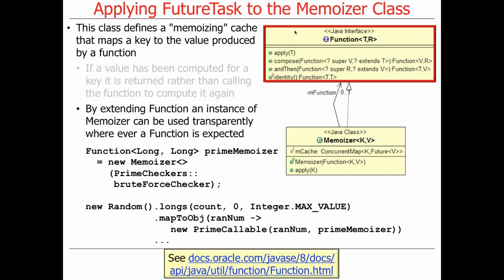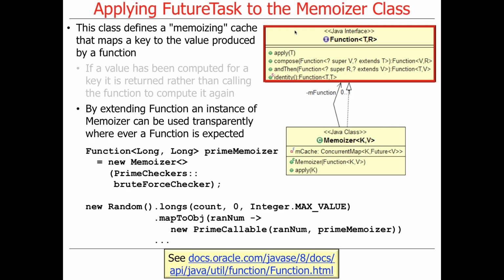So it's really good for functions like isPrime or prime checkers, where you have one value that's the input to the function, and then you want a return value that comes back. So Memoizer is going to implement this Function interface, and as a result, we can use this to transparently customize other classes that expect functions to provide memoization optimizations.